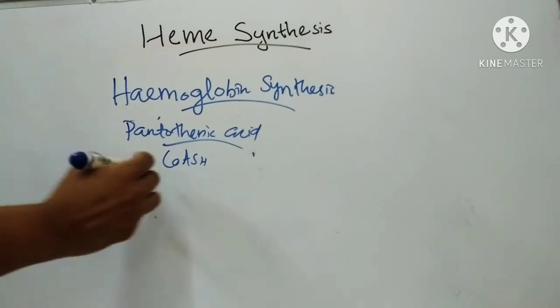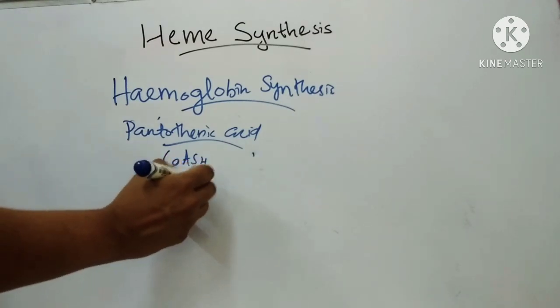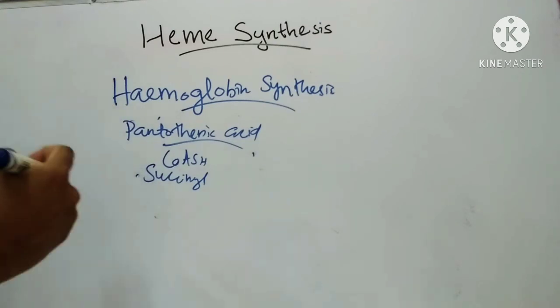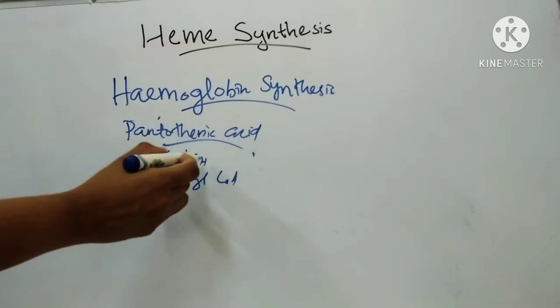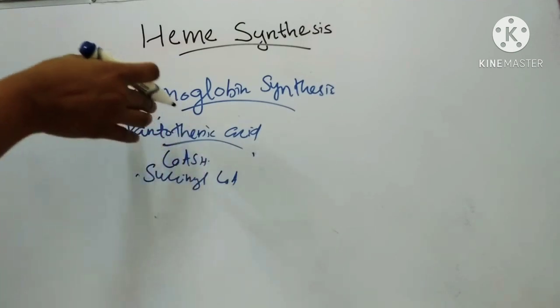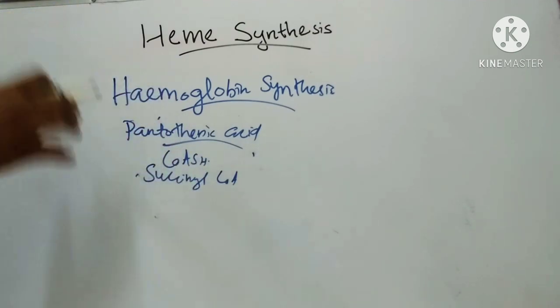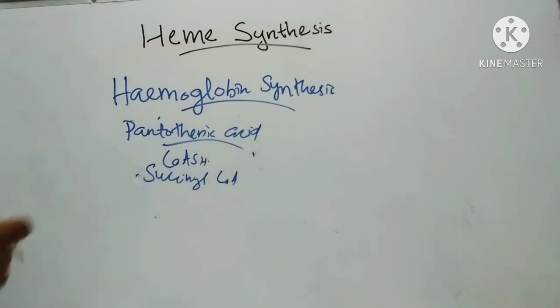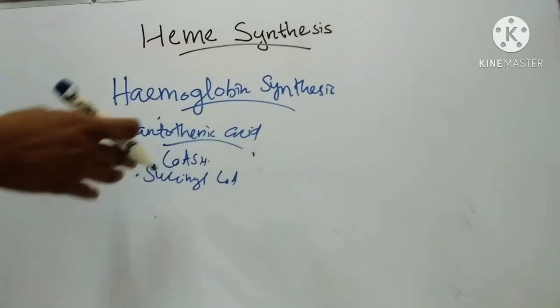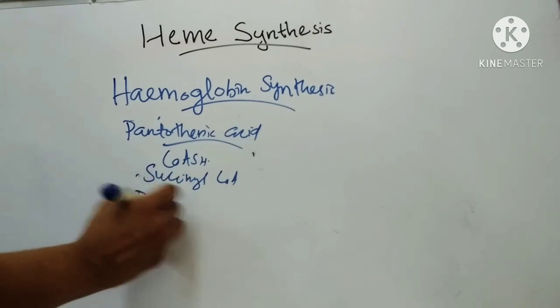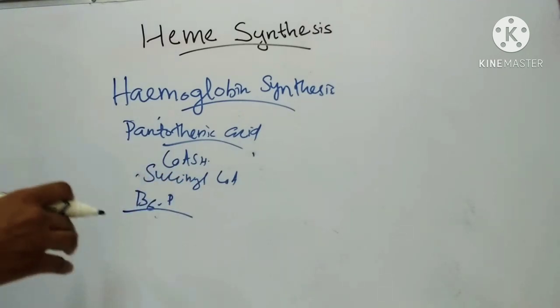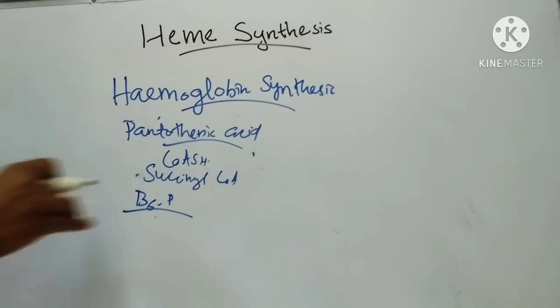That is in the first step, succinyl-CoA condenses with glycine to form alpha amino beta ketoadipic acid. Then pyridoxal phosphate or B6 phosphate. It is required as a coenzyme for delta aminolevulinic acid synthase.